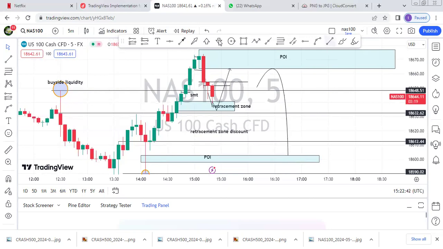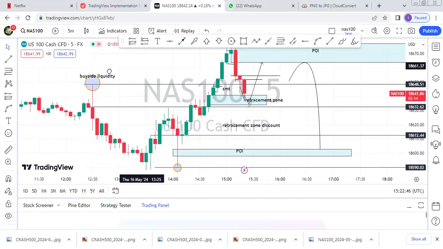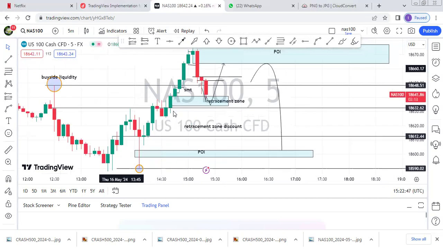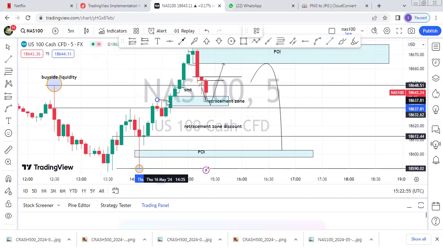Our point of interest today, on this 5 minutes time frame, you can see that we took our buy side liquidity and we have this inducement sort of, and the market was also creating this liquidity here. There was a little bit of rejection on this zone here. That's where you might see the market now is a confirmation of retracement from this zone.